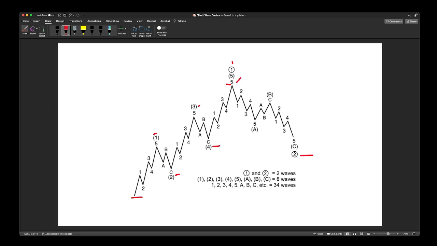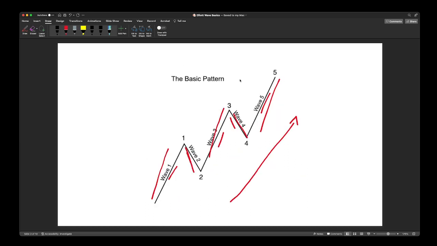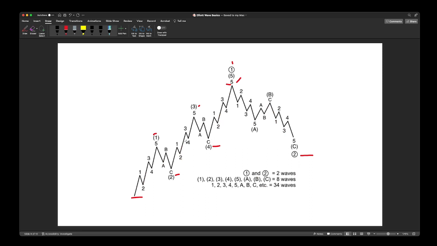Five waves. That's your beginning basic pattern. And in that same degree, we'll see your A, B, C, which is the corrective pattern. When we add those up, we have 1, 2, 3, 4, 5, 6, 7, 8 total waves.